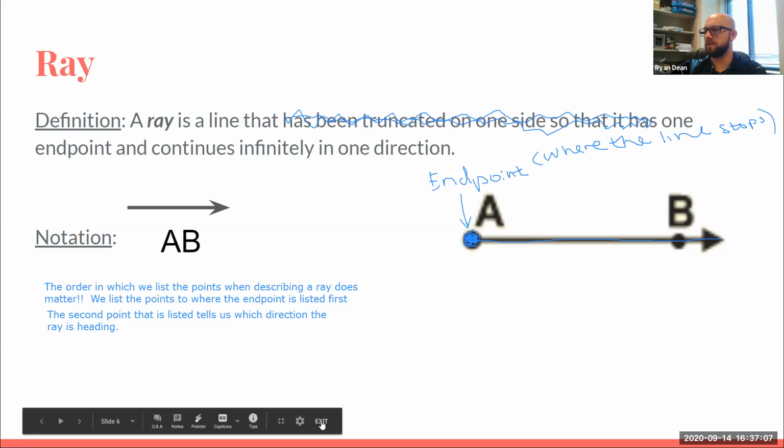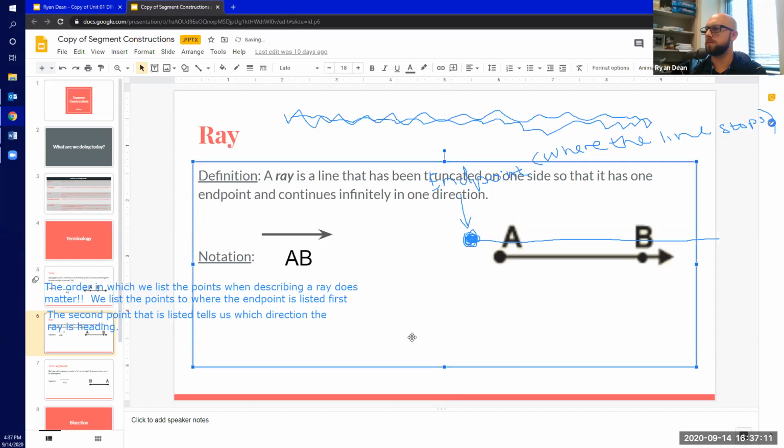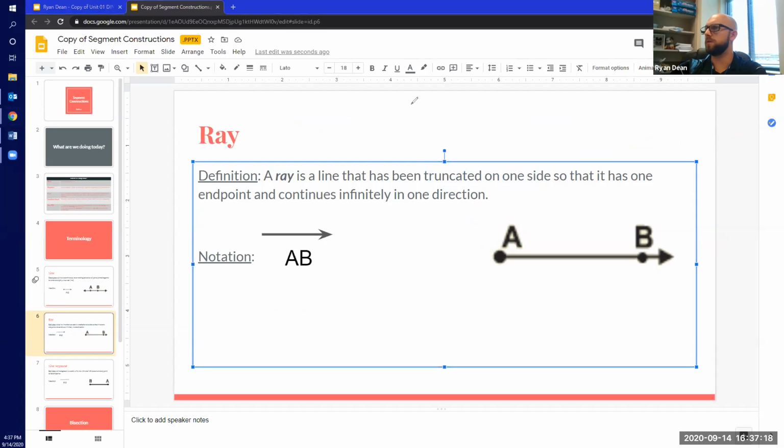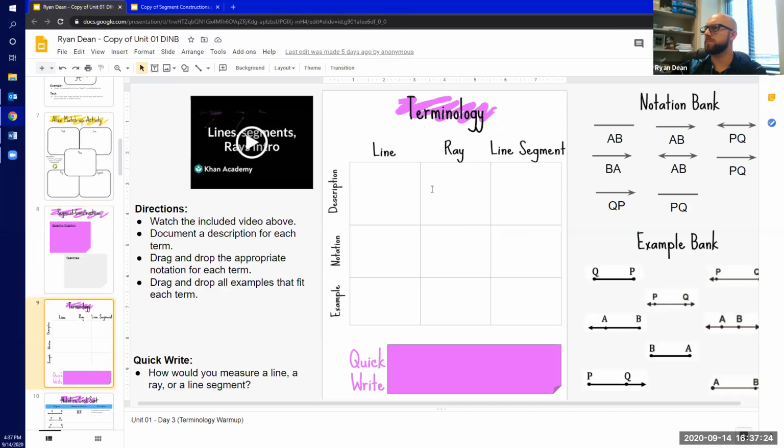All right, so I'm going to exit out of this PowerPoint presentation here. We're going to clear all the drawings. We're going to come over here to our notebook real quick. Okay, so here's our terminology. We have line, ray, and then line segment.